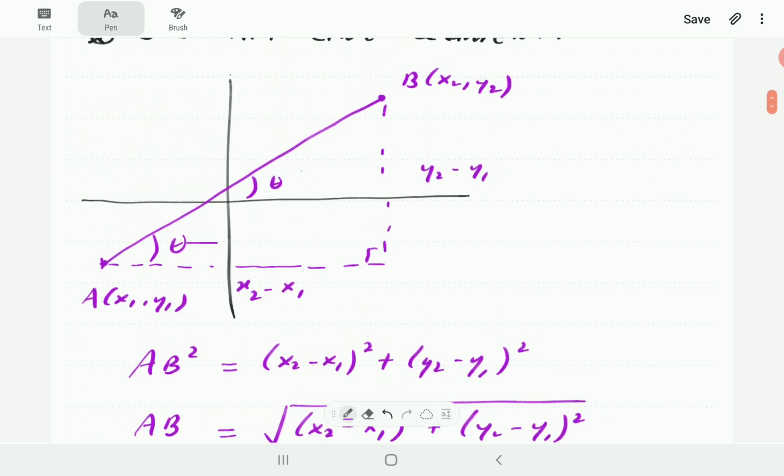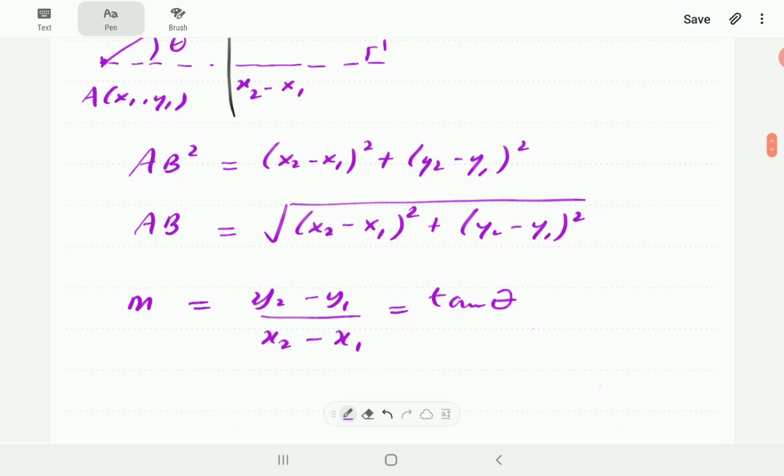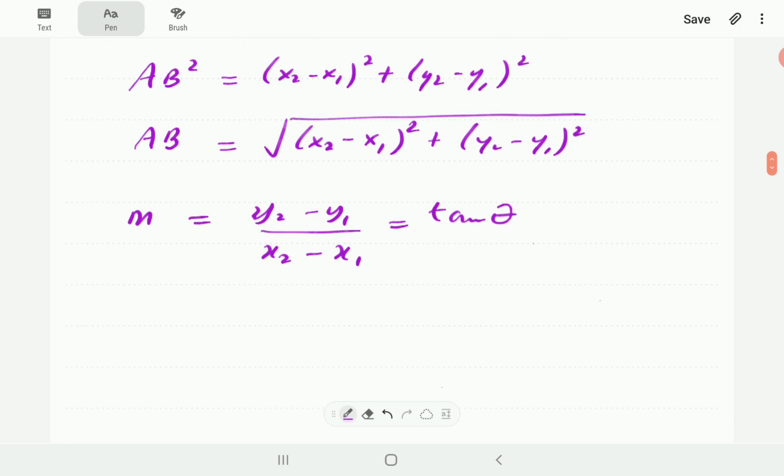So tangent theta is the opposite over adjacent, but we already have opposite over adjacent here. So with this formula we can connect it to the angle of inclination like that. So m is going to be the tangent of theta.